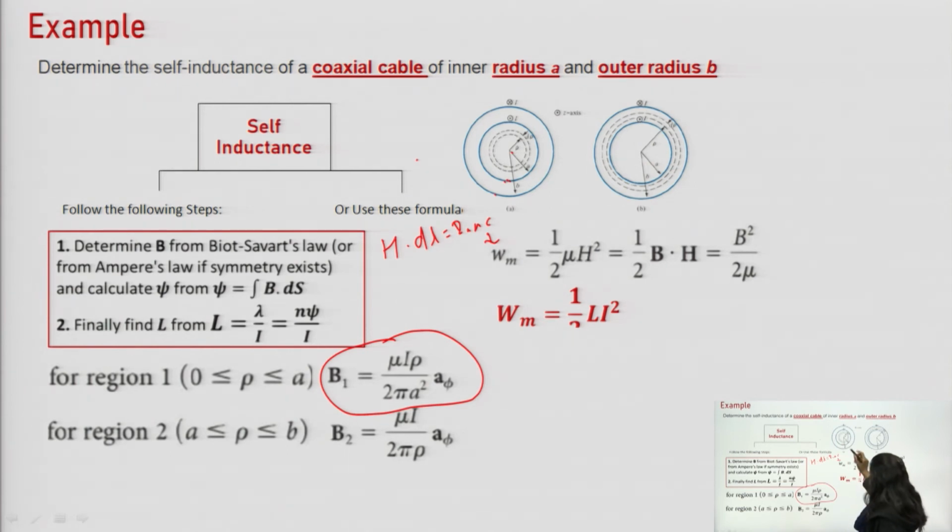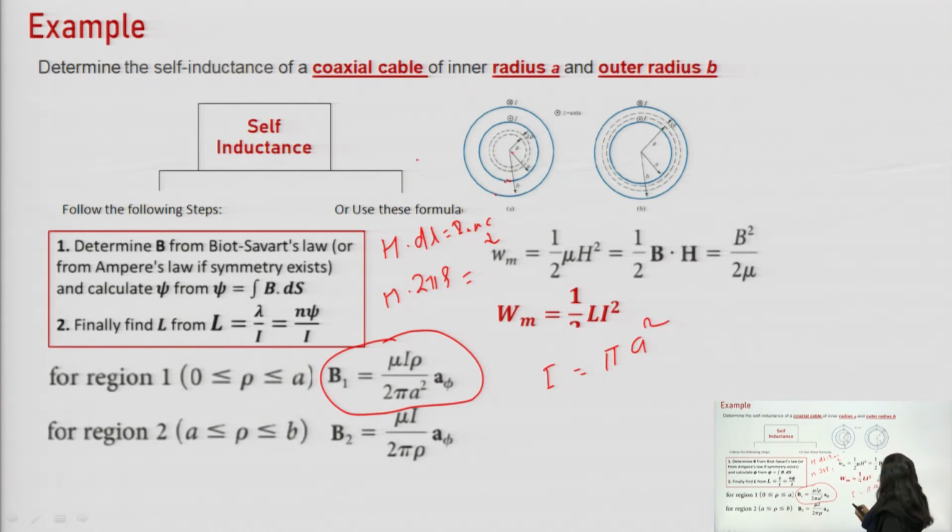In this case, H times the total dl will be equal to 2 pi rho, and the total current is I, but not I completely, because the current I is flowing in a pi a square area.